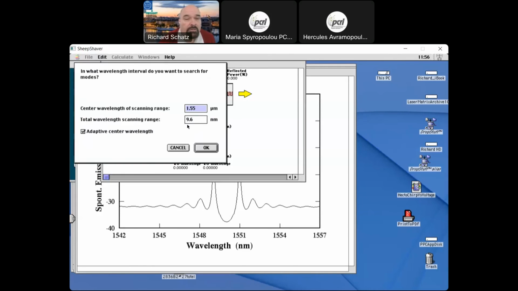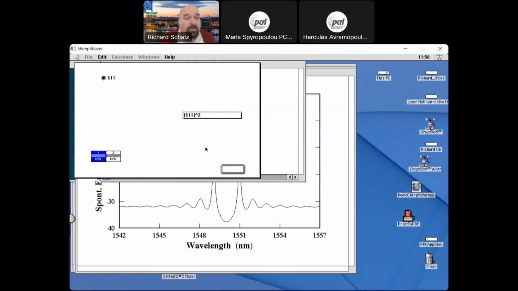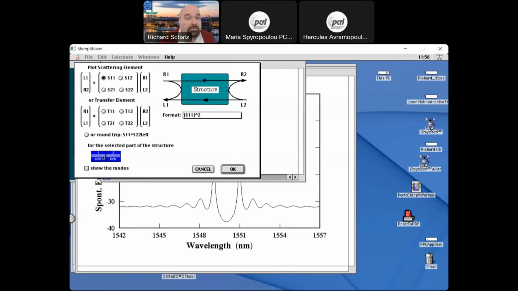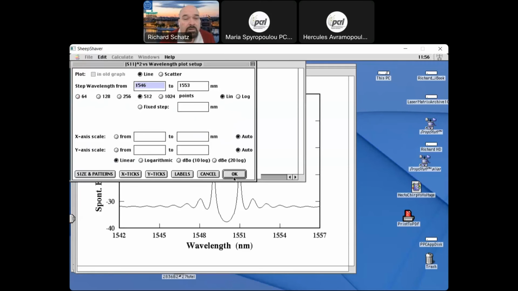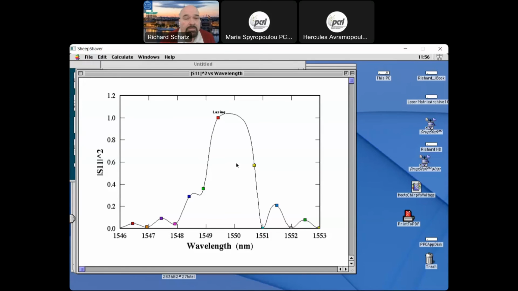So then I look at the reflectivity of one of these gratings, the right one here, and I look at the S11 here, which is the reflectivity. And then I ask the program to show the modes on this reflectivity curve.